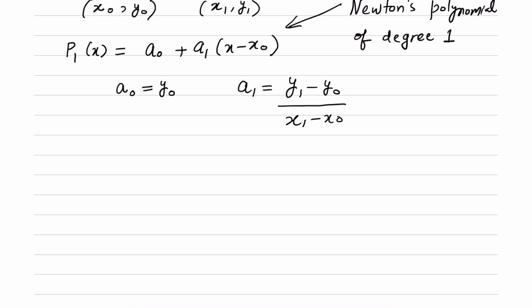We cannot change much about a0, so a0 is just y0, but let's look at a1. In the numerator, you have y1 minus y0. We know the definition of the forward difference operator, so recalling that definition, y1 minus y0 can be written as forward y0.